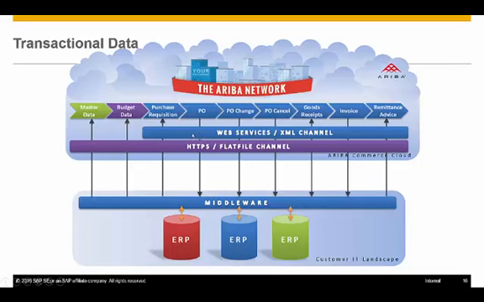And you might notice two other bars, web service XML channel or HTTPS flat file channel. I'll talk more about this, but what they represent are the formats in which the transactions are exported out of P2P. So we have options of web service for transactions. We also have the option of using a flat file channel for transactional integration. We'll talk more about these options.